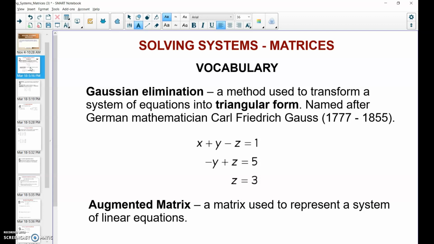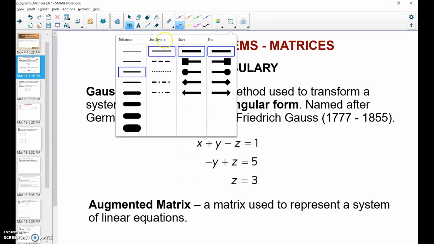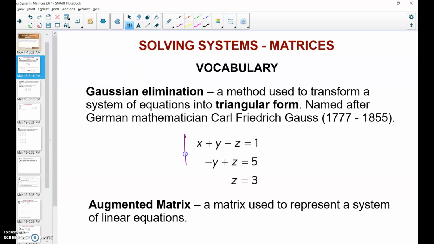Vocab is Gaussian elimination. Okay, so that was a famous mathematician that this is named after, is used to transform a system of equations into a triangular form. So if we look at here this equation, you have a system of equations, and we want to get it into a triangular form, meaning that our last equation is one variable equal to a number.